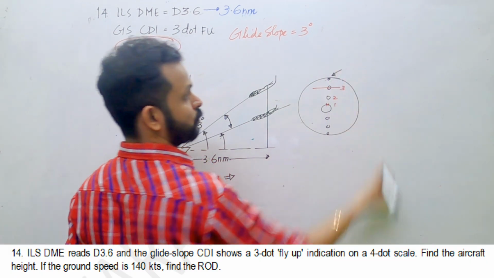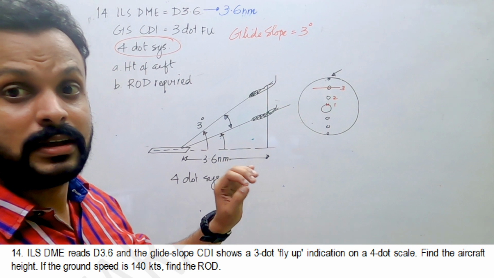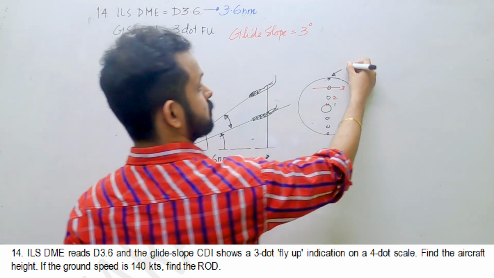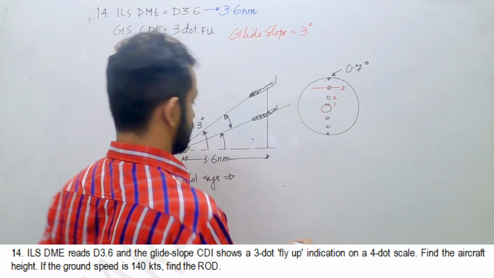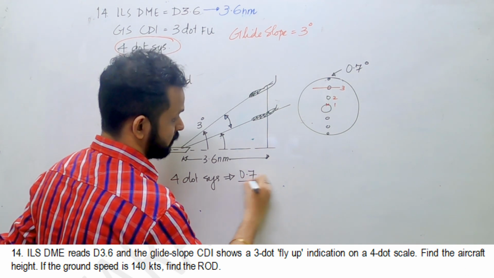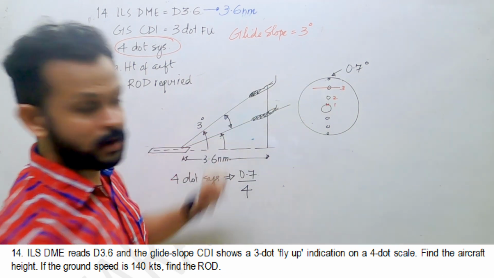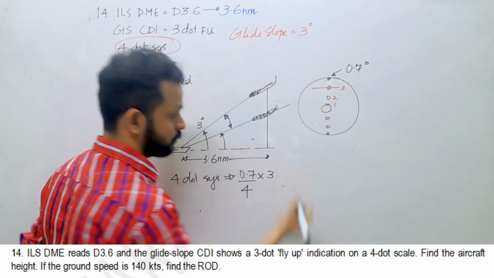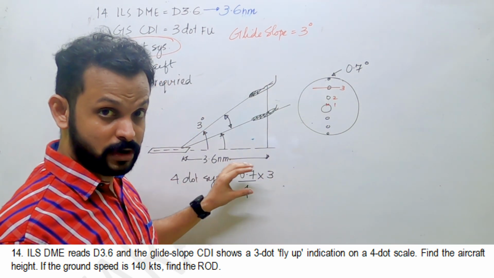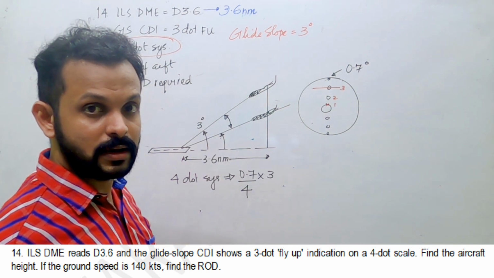What is the maximum full scale deflection on a glide slope CDI? 0.7 degrees. Therefore, the per dot value will be 0.7 divided by 4, since it's a 4 dot system, and you are on the third dot, which means it is multiplied by 3. So that many degrees lower than the 3-degree glide slope.